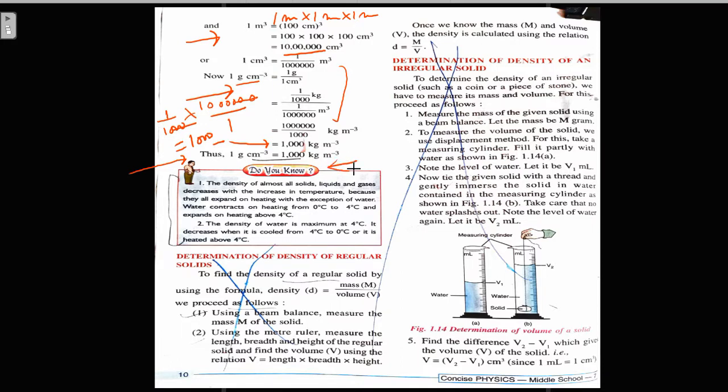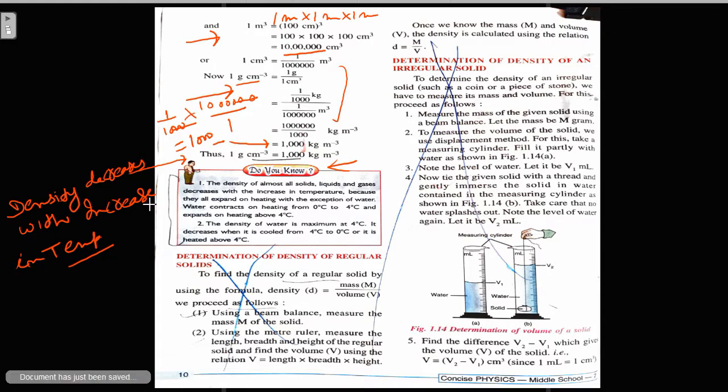Now this is the fact: the density of almost all solids, liquids and gases decreases with the increase in temperature. Keep in mind, density decreases with increase in temperature.